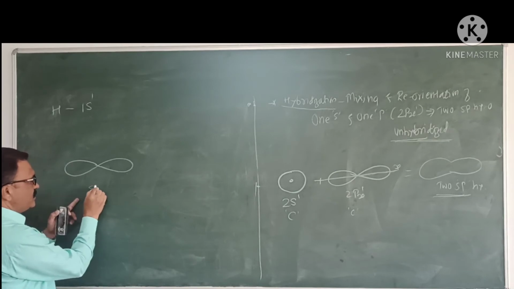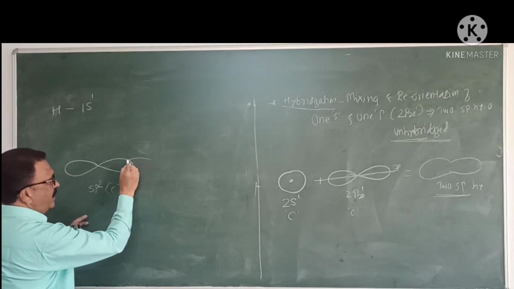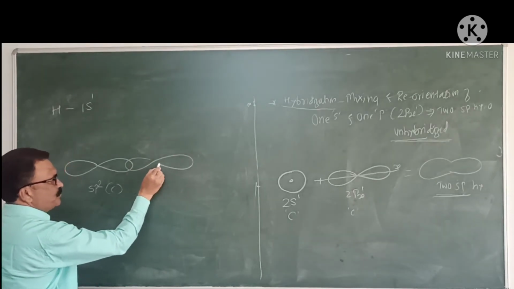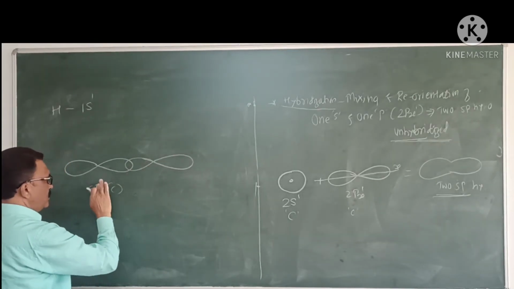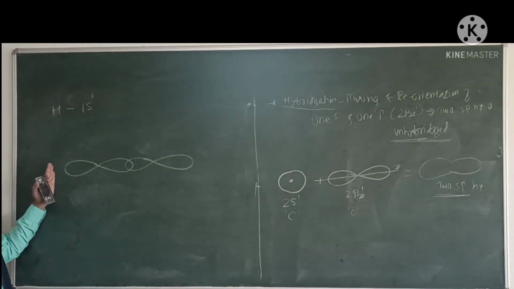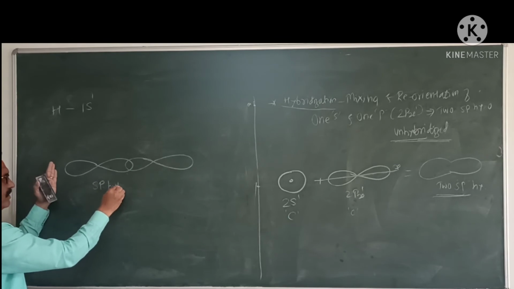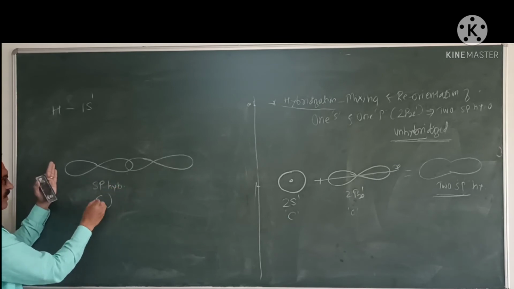Suppose this is the sp hybrid orbital of the first carbon atom.